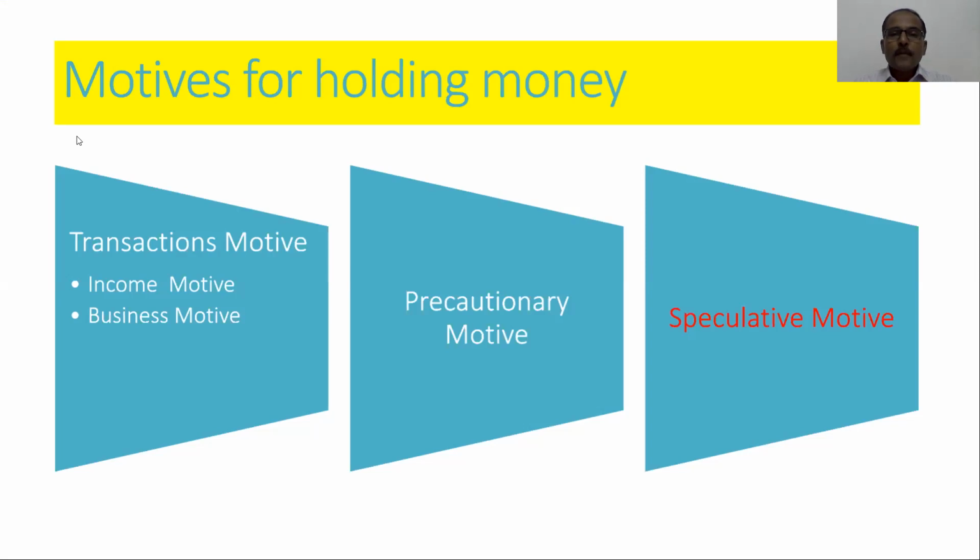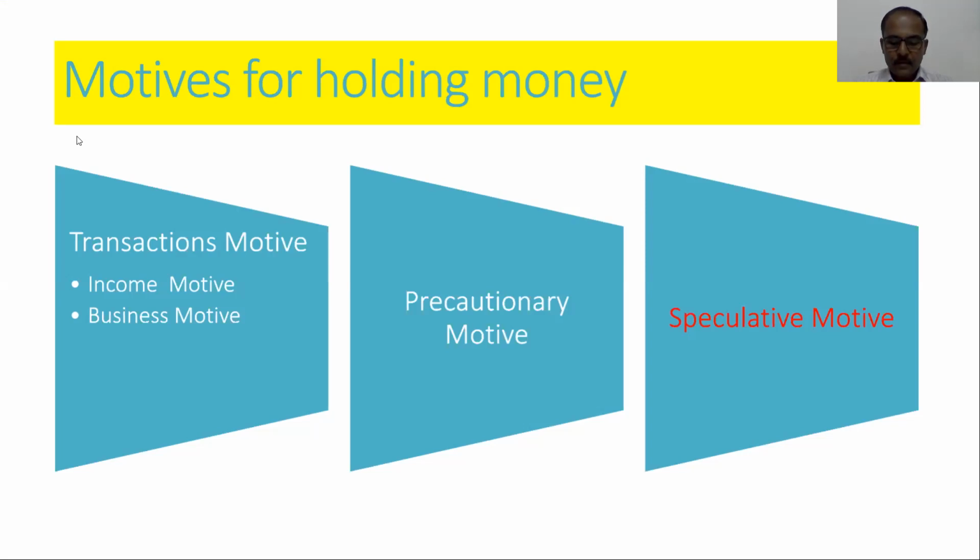So suppose you receive your salary on the 1st of every month, then you will have to keep that money with you till the 30th or 31st of that month, because receipt of income will be once in the month, but expenditure will be every day. And to meet those expenses for wants, you need to keep some cash at home. So that is called the transaction motive behind the demand for money.